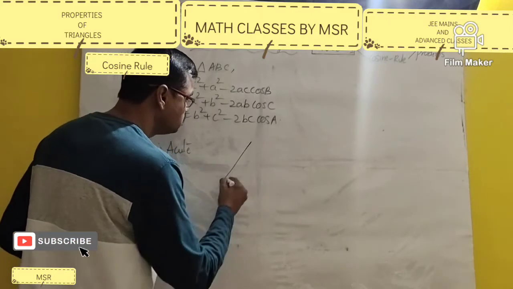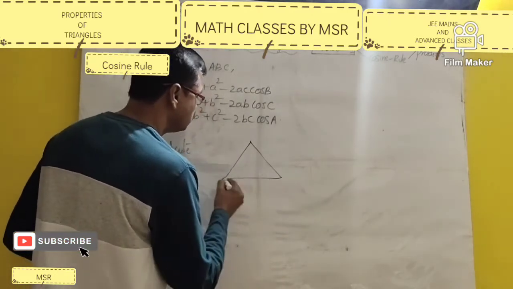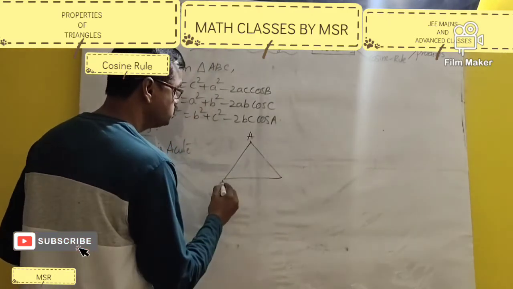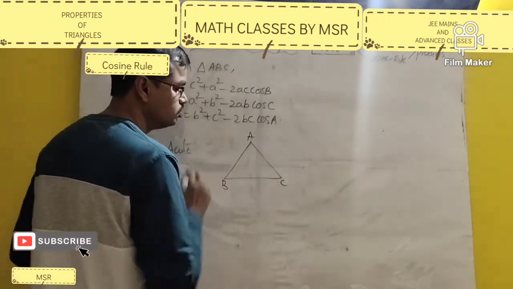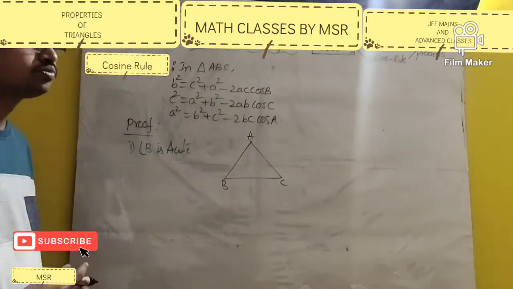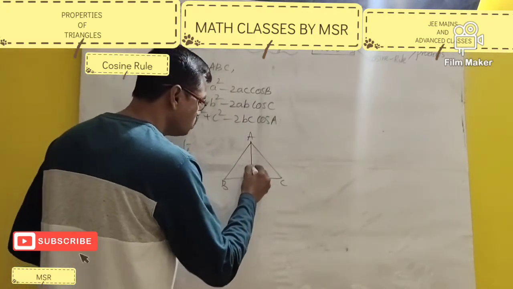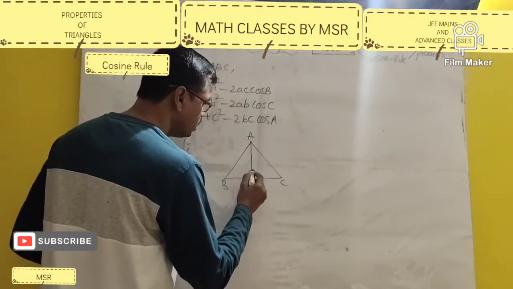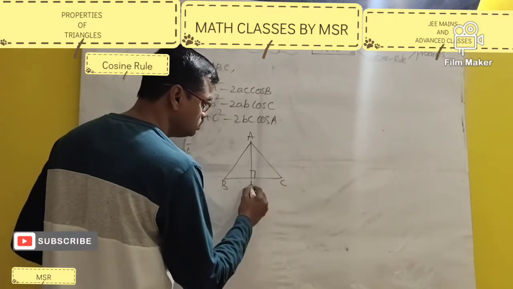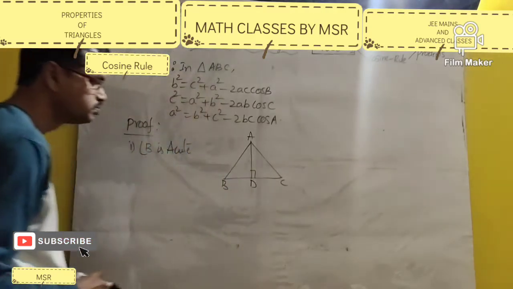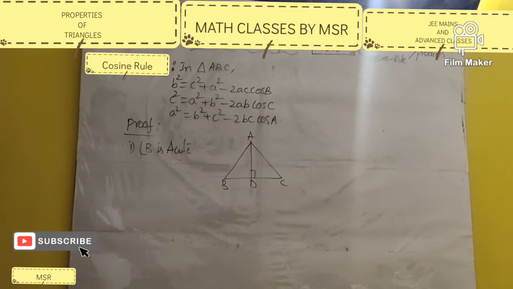If you take triangle ABC where B is acute, let us draw one altitude from A to the opposite side BC, say AD.